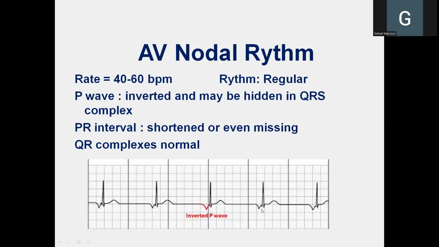This is because, as you might have understood, the origin is at the AV node. So in order for the impulse to pass from the AV node to the ventricles, it passes in no time. And that's why the PR intervals are very short or even missing.